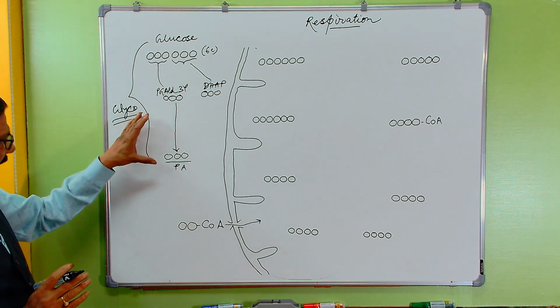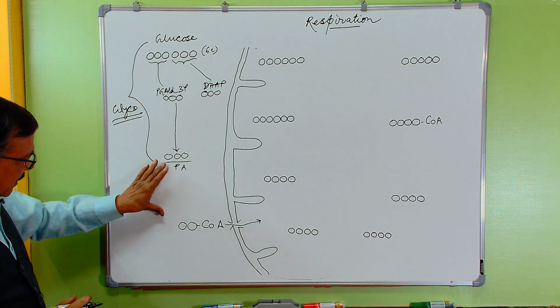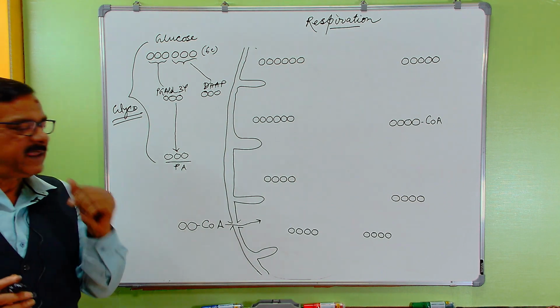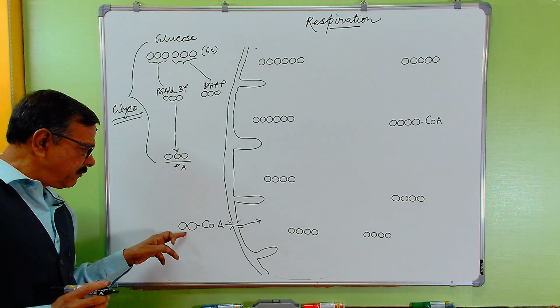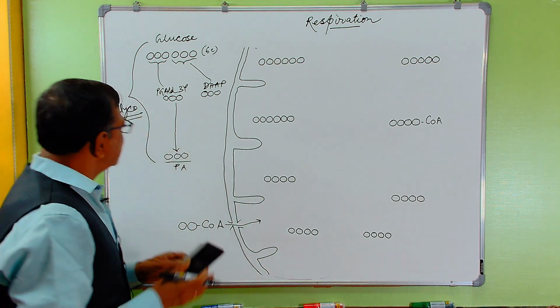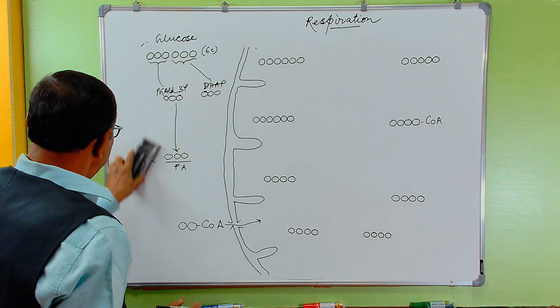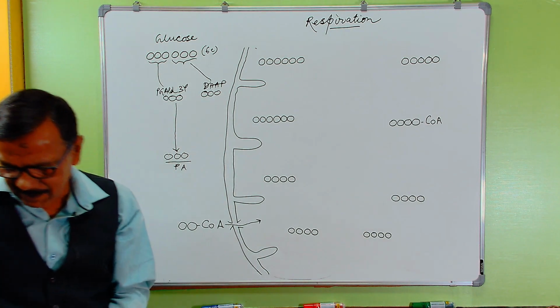Now this glycolysis has produced this, and from this to this it is a link reaction, because this is a linkage, and until and unless you form it, you cannot enter. That's good. Now in glycolysis, why are we doing all these things?